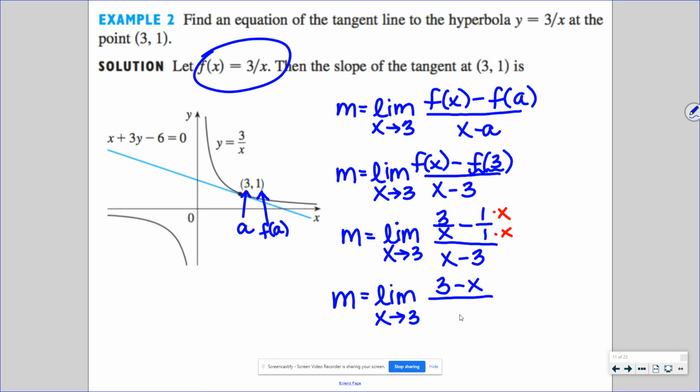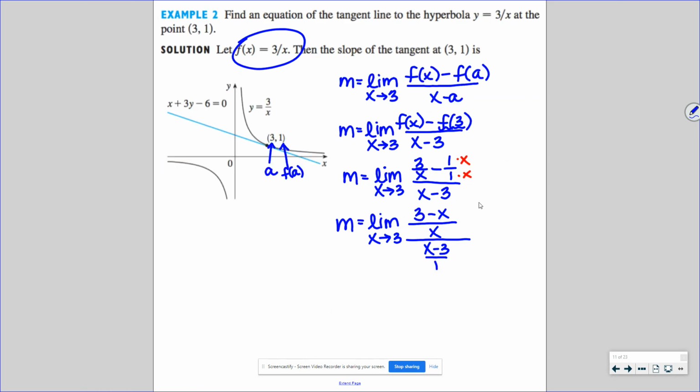So I have 3 minus x on top over x, and then all of that is over x minus 3, which then I can do outer, inner. I would have 3 minus x over x times x minus 3.